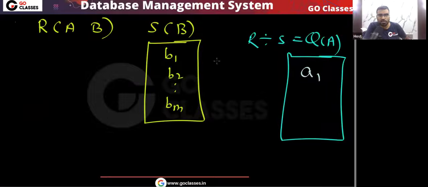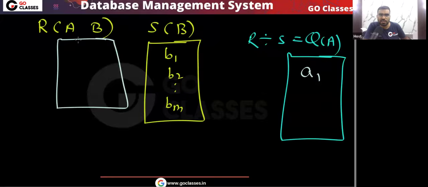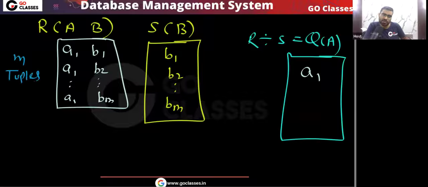It means A1 is pairing with every B value. I can say this A1 should pair with every S value. It is a very simple point that M tuples give you one tuple in the output.